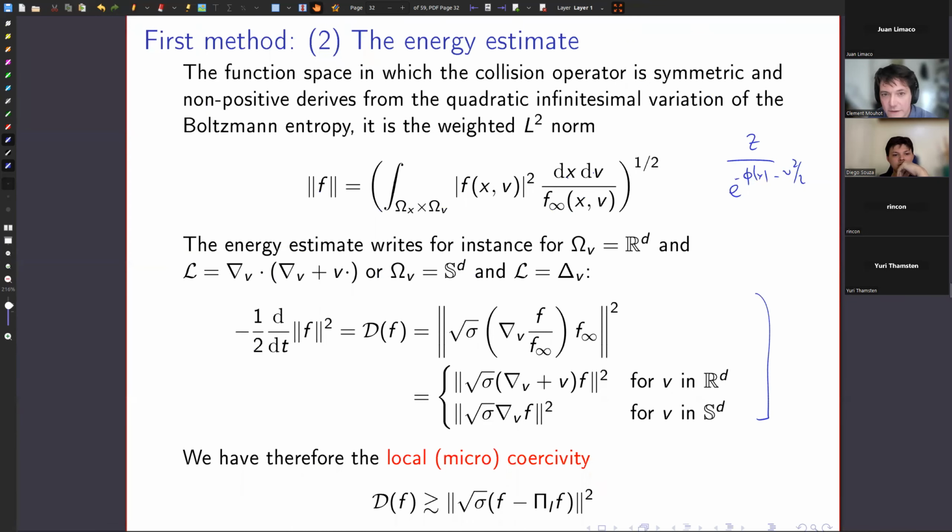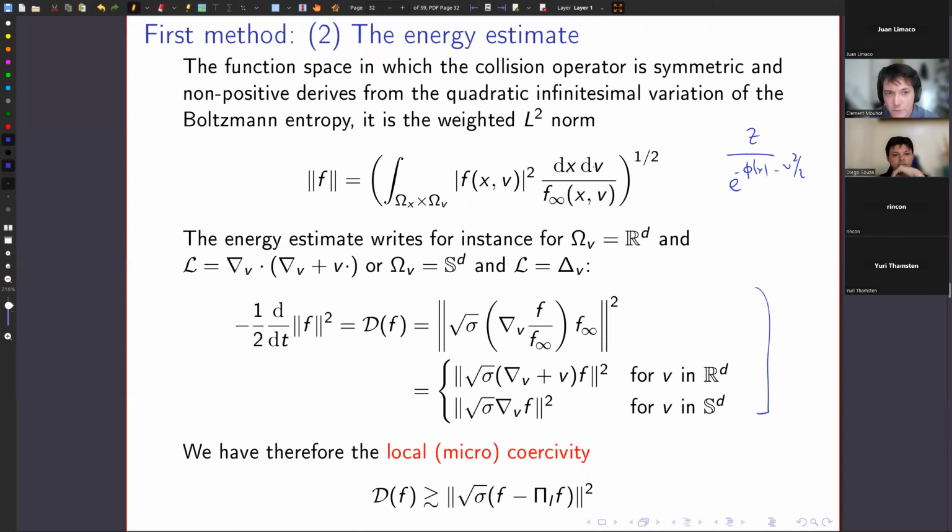So if you wonder where it's coming from, this is really just the linearization of the H theorem of Boltzmann about the entropy. Anyway, we are looking at linear kinetic equations, so they are simpler, but the theorem about the entropy of Boltzmann, if you linearize it properly, you end up with a Lyapunov function, which is this L2 norm with a weight.